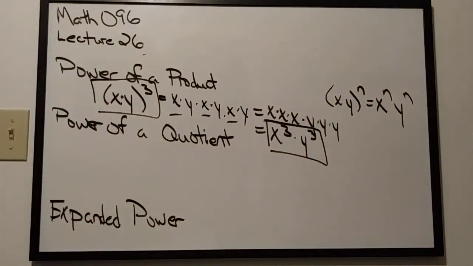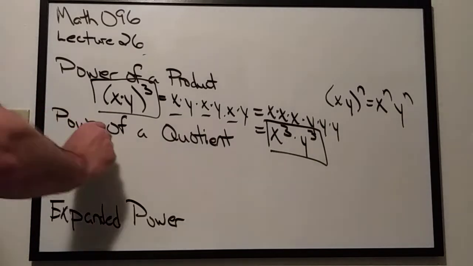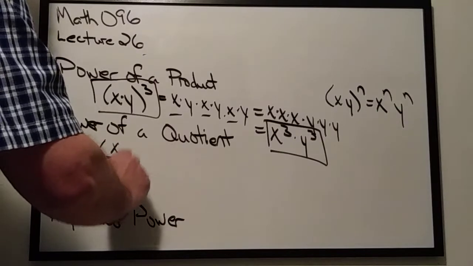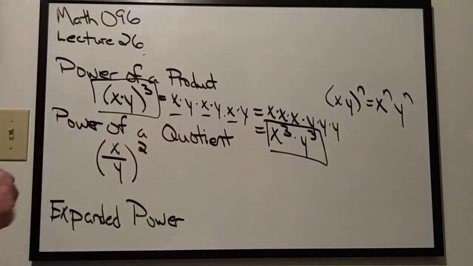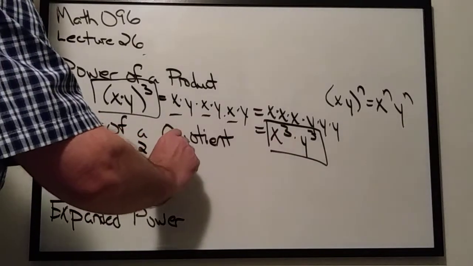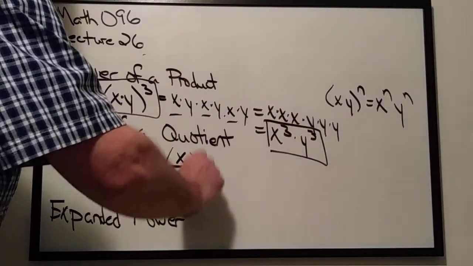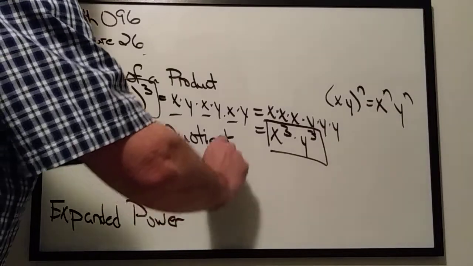Now, how about the power of a quotient? Let's start with a specific example and see what we can play with that then. So we have x divided by y, and let's go ahead and square that. Once again, squaring means we're going to multiply something times itself, so it's going to be x over y times x over y.